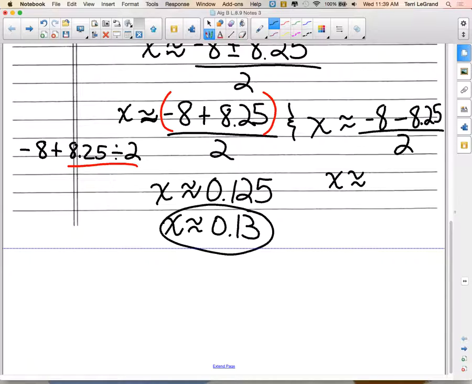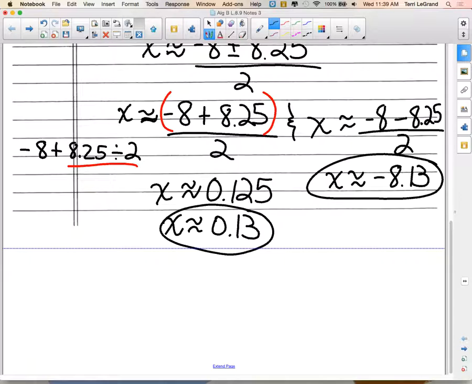Okay, so rounded to the nearest hundredth, it's -8.13. You guys agree with that? Did it first come out, Cody, to -8.125? Right, class? So it first came out to -8.125, and over here this one came out to 0.125, just so happened. And then we rounded to the nearest hundredth because that's how they're going to give the answers in the back of the book or wherever, on the answer key.